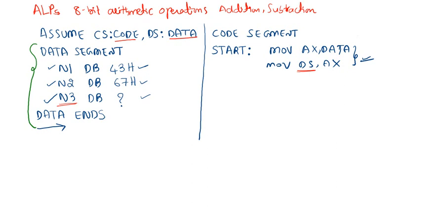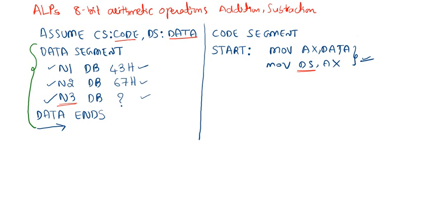For that these two lines are required. Mov ax, data: whatever the assumed name for the data segment, that is data, gives the starting address of the assumed logical segment, and that will be loaded to AX, and then loaded to DS.